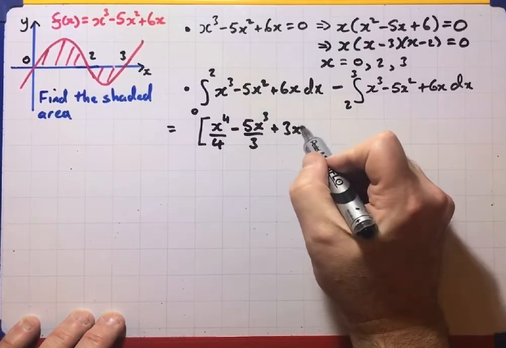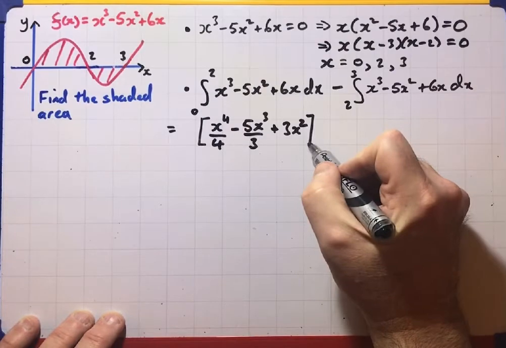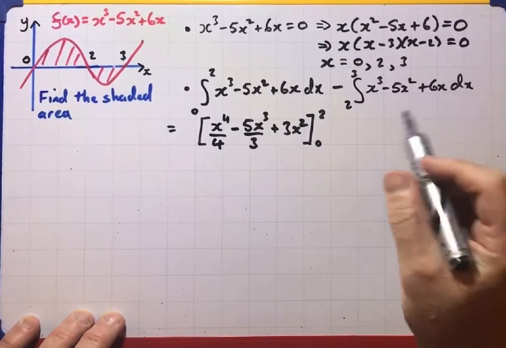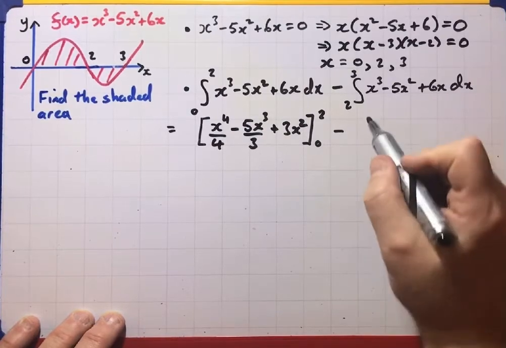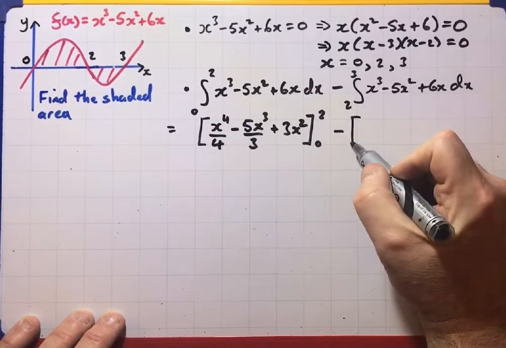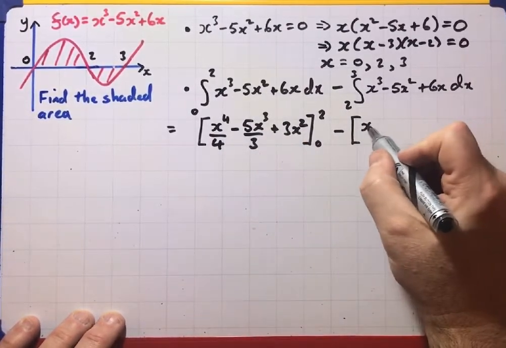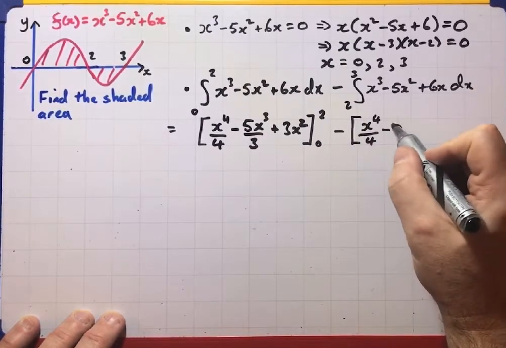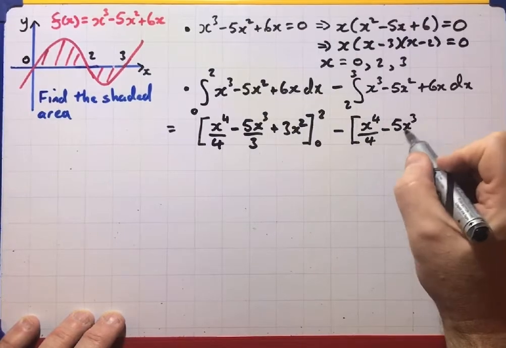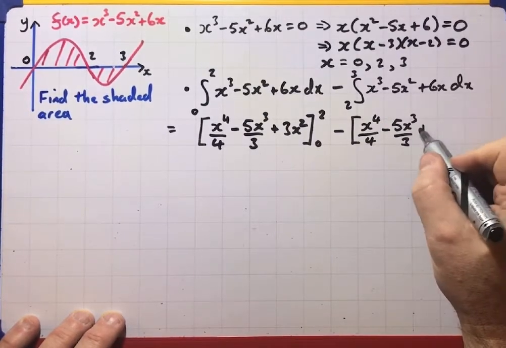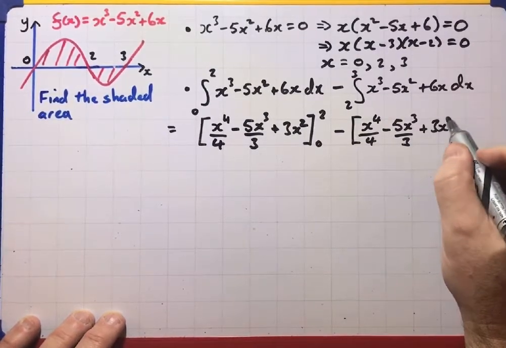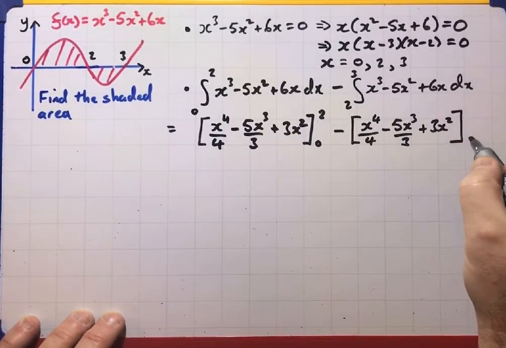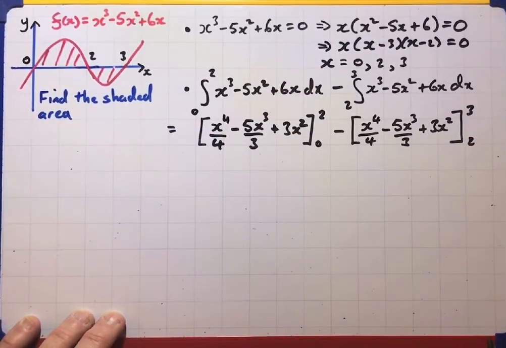So 3x squared, and that is between 0 and 2. And from that, we've got to take away same integral, so we may as well just put it in. Okay, so it's the same integral, but the limits obviously are different. The bit we're taking away is between 2 and 3.